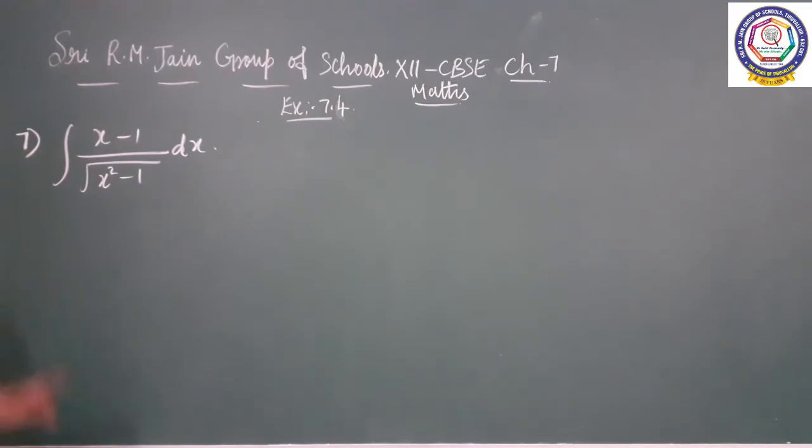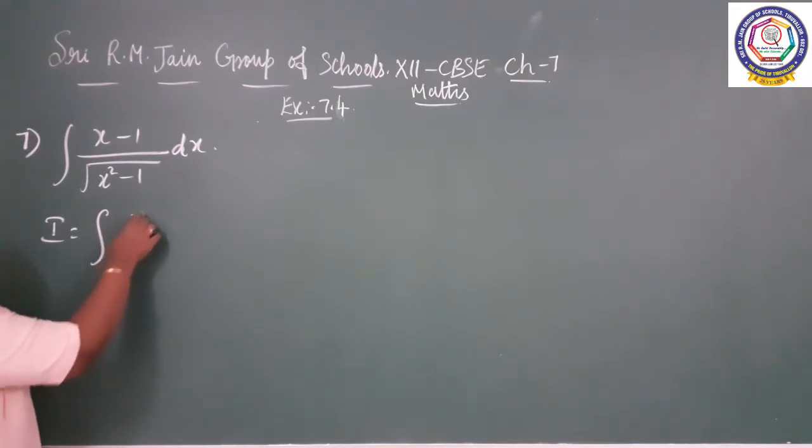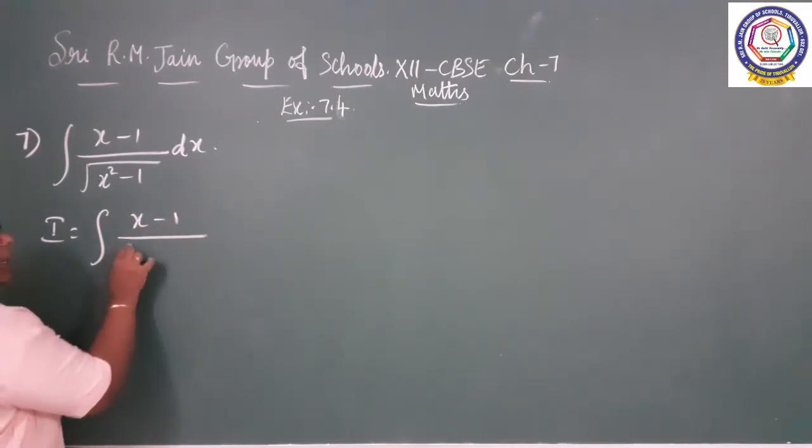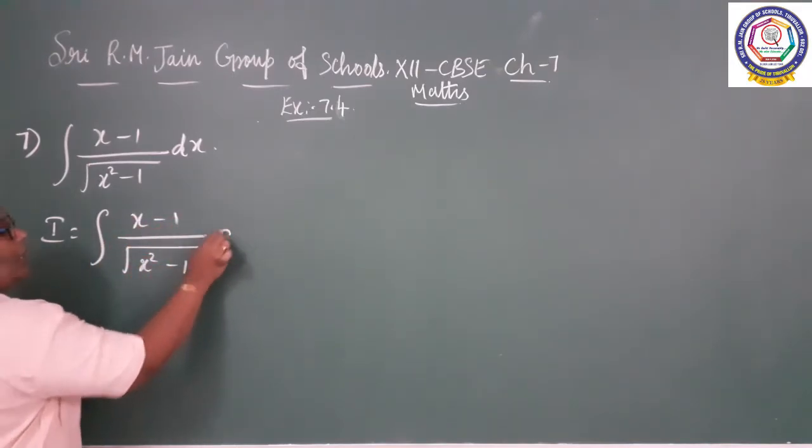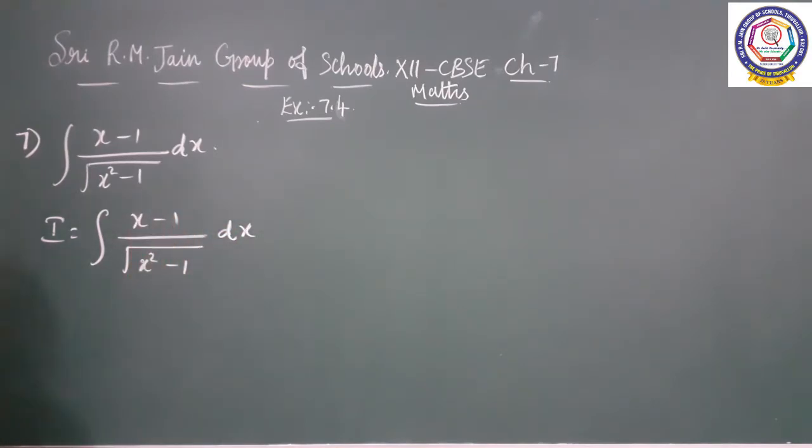See the seventh sum, integral x minus 1 by root of x square minus 1 into dx. First you can take I equal to integral x minus 1 by root of x square minus 1 into dx. In the previous sum also you take I equal to, and do the sum like that.